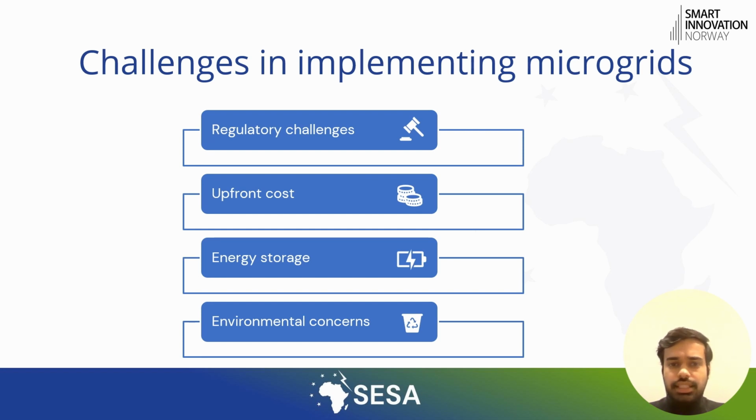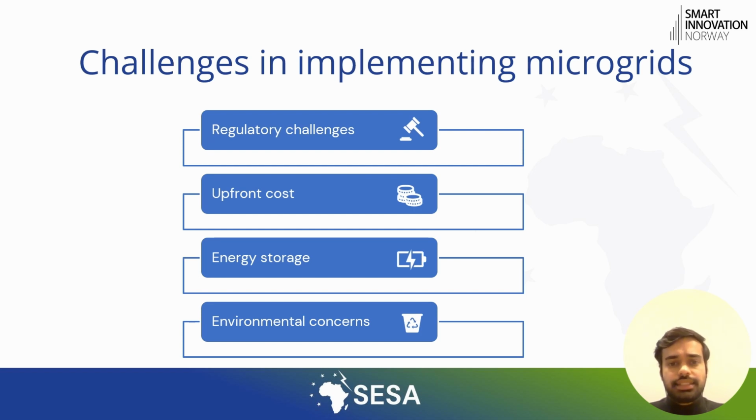Secondly, the upfront costs for setting up a microgrid can be high, which can be a barrier for implementation in some areas. Energy storage may pose a challenge to implement microgrids in some areas due to high cost and technical considerations.